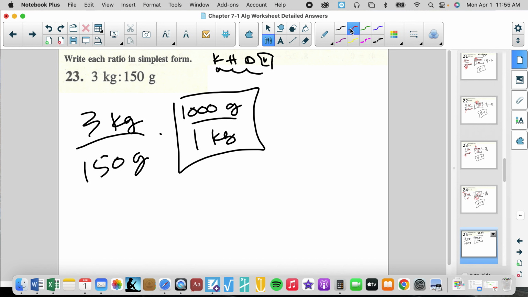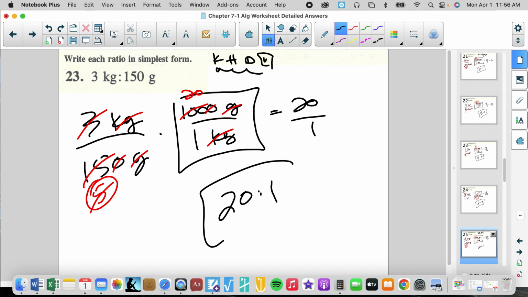Remember, kilo is bigger. So kilograms cancel, grams cancel. That 0 cancels. 3 cancels with 15 is 5. 5 goes into 100 20 times. So we get a 20 to 1 ratio for number 23.